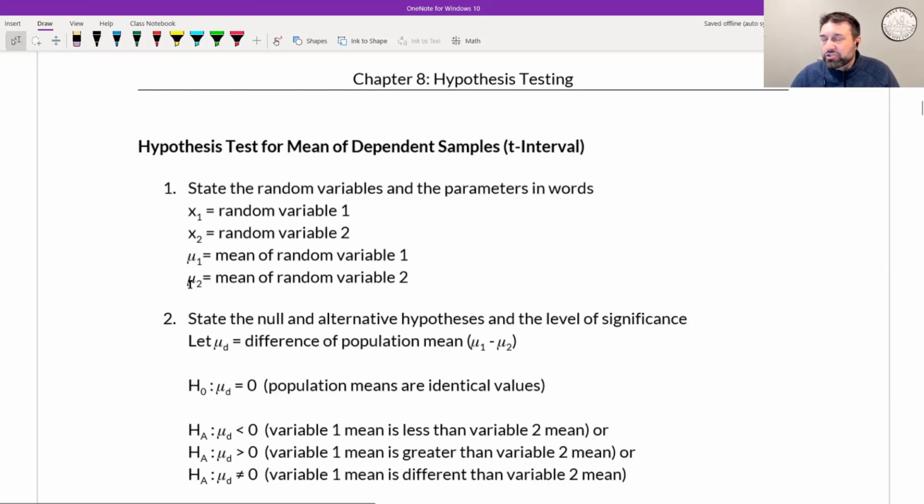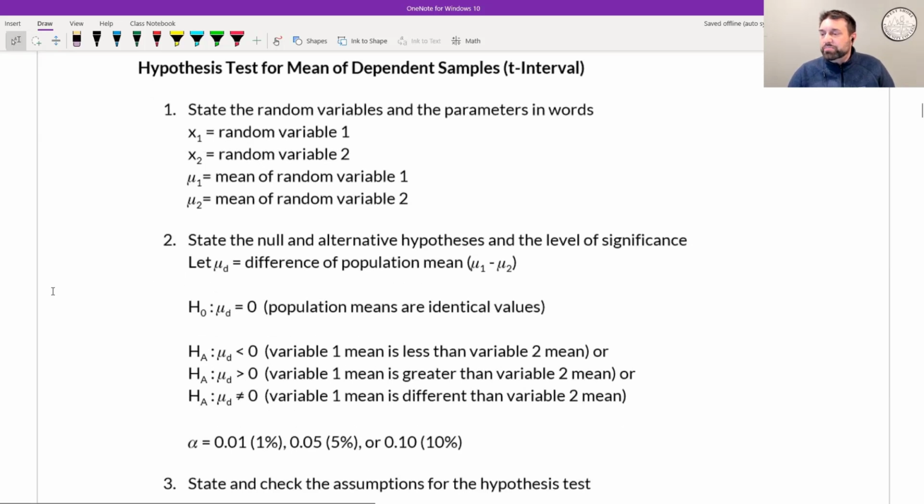But here's where it changes, because now we're looking for a target and we're finding the area under the tail rather than the confidence interval. So we are going to take our sample, our difference from our samples, and we are going to establish the null hypothesis. And this is kind of important: the null is that there is no difference between these two.